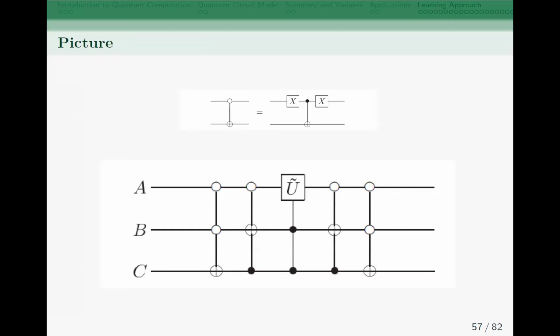If I start with 0, 0, 0 to go to 0, 0, 1, that means I put 0, 0 as control on this target. And if I go to the next step, then I use these two to control the target one. So hopefully now you can see how these Gray codes match with this circuit.